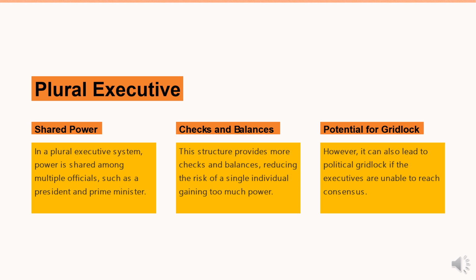Checks and balances: this structure provides more checks and balances, reducing the risk of a single individual gaining too much power. Potential for gridlock: however, it can also lead to political gridlock if the executives are unable to reach consensus.